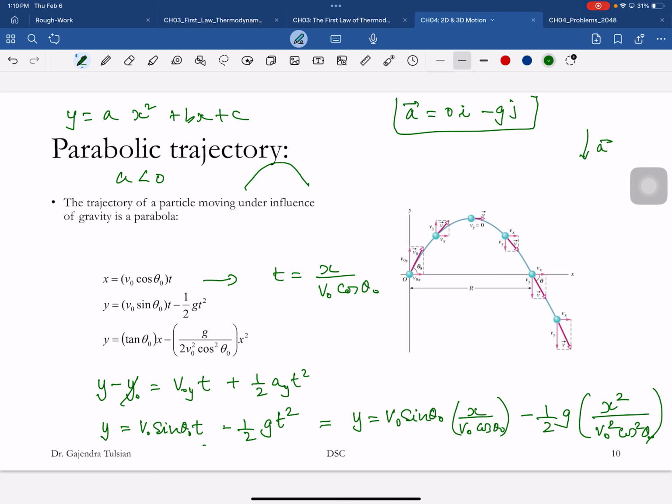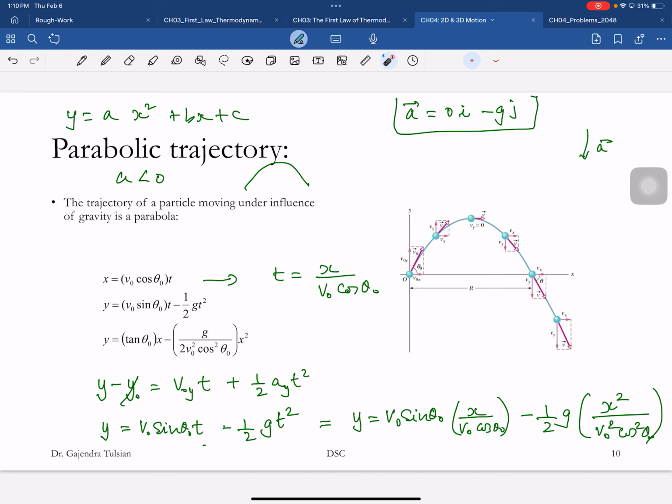All the quantities inside the parentheses are positive, and you have a negative there. So what we have shown is the following. The trajectory of this one is a parabola.